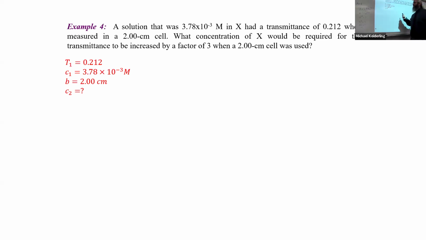They give you transmittance. They tell you that transmittance is going to be increased by a factor of 3. So you're going to convert transmittance to absorbance with this formula. So transmittance 2 is 3 times transmittance 1. Transmittance 1 is 0.212, transmittance 2 is 0.636.